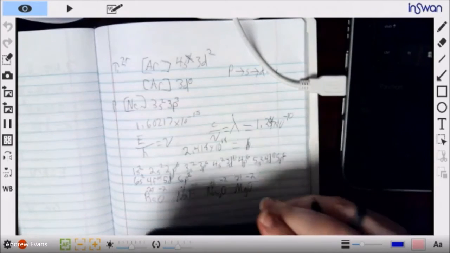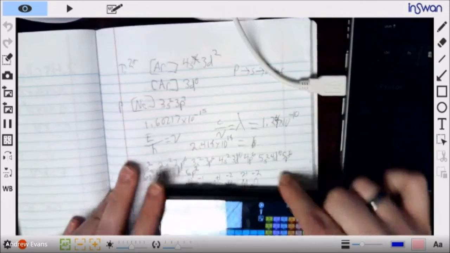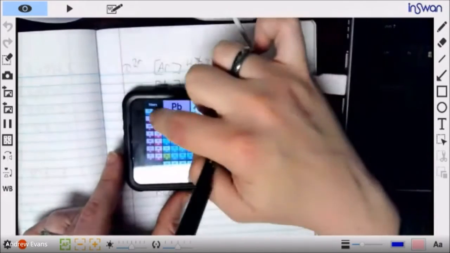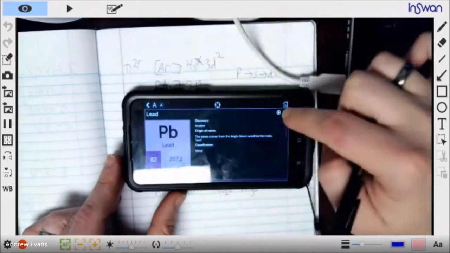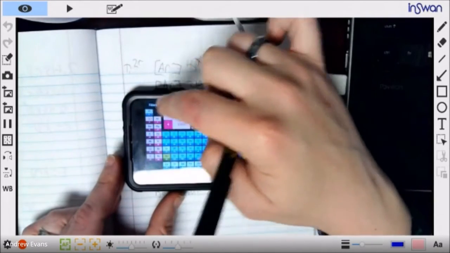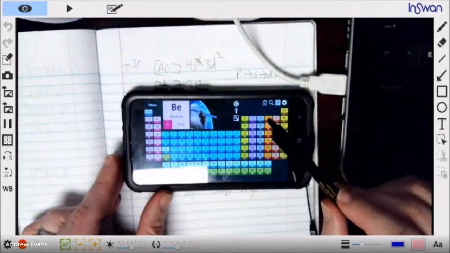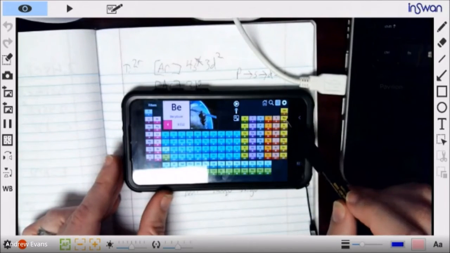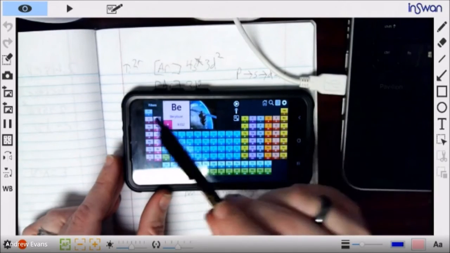How did I do that? Periodic table. Move this up here so we can see it. Beryllium is up there. Magnesium is right below it. Oxygen is right there. It moves 2 elements to the right. Fluorine is right there. Moves 1 element to the right. Sodium is right there. It can move 1 element to the left.